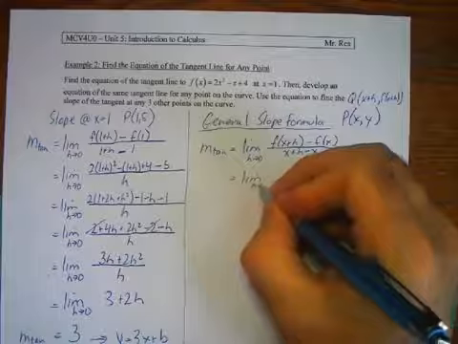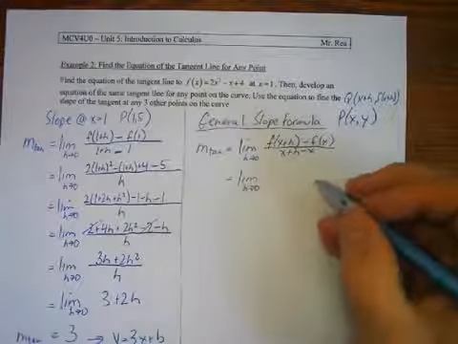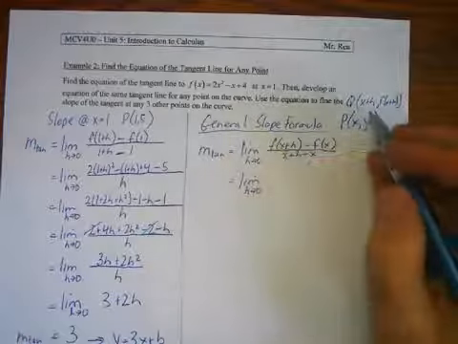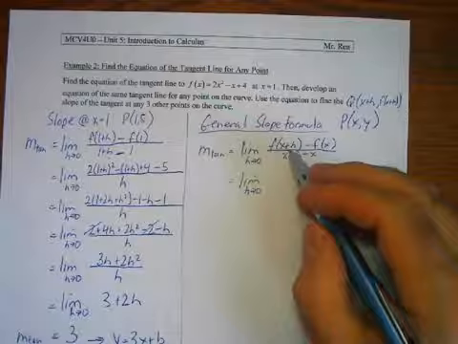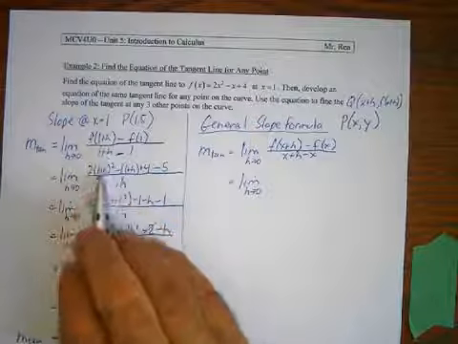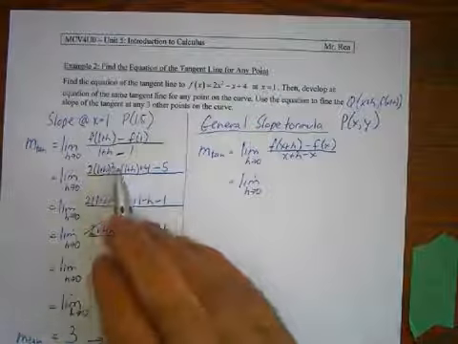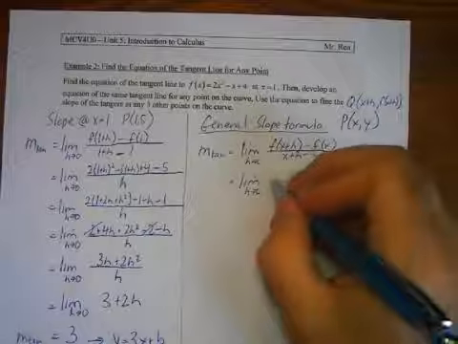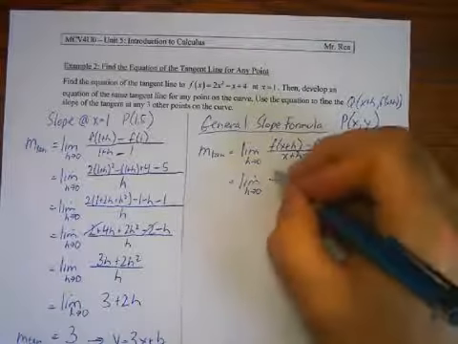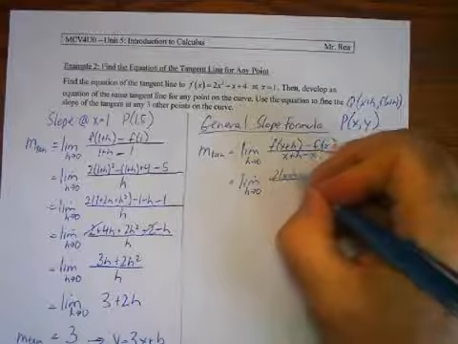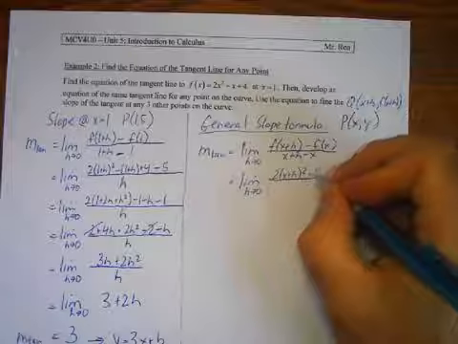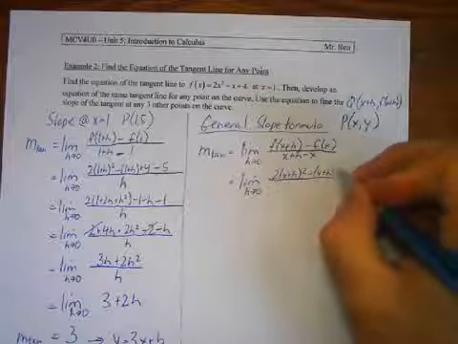So what we're going to do is plug in x plus h. Before, we plugged in 1 plus h wherever x was in the equation. This time we're just going to plug in x plus h. So we get 2 times (x plus h) squared minus (x plus h) plus 4.